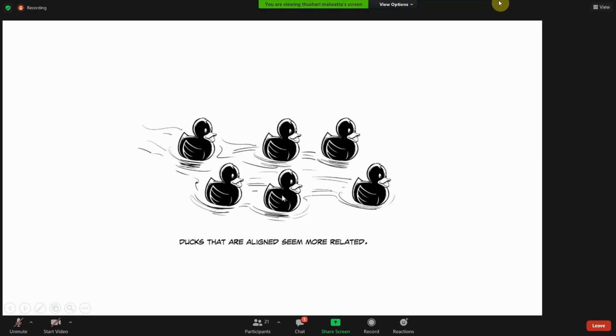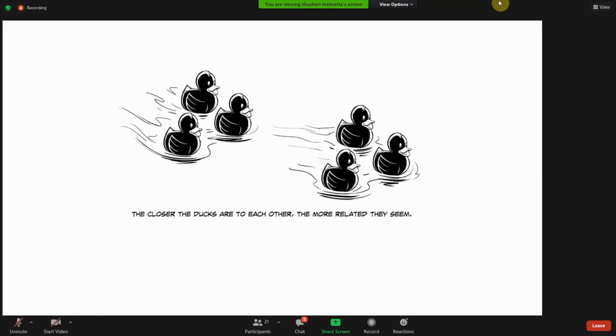These three, these two, you feel them related. That's what alignment does. And the closer ducks are to each other, you recognize these as groups. That is called proximity.